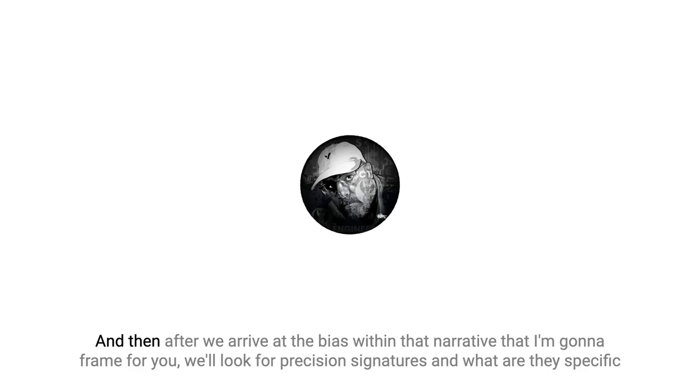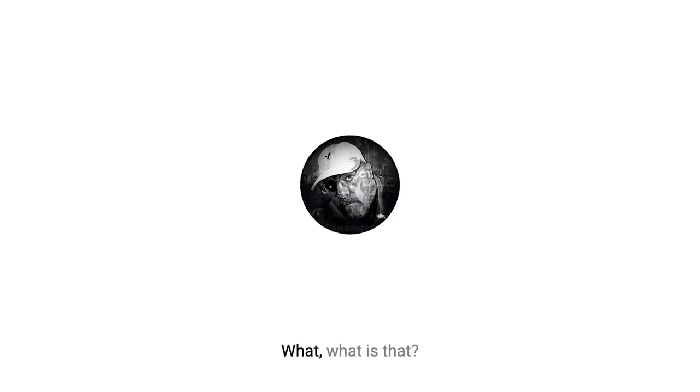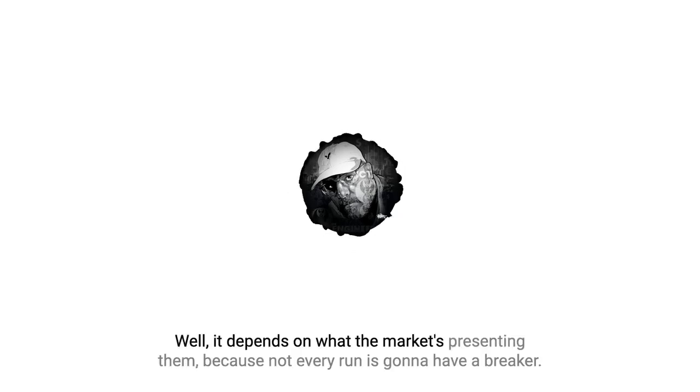And then after we arrive at the bias within that narrative that I'm going to frame for you, we'll look for precision signatures. And what are they? Specific elements within time of day and specific PD arrays inside the PD array matrix. What is that? Well, it depends on what the market's presenting me, because not every run is going to have a breaker.